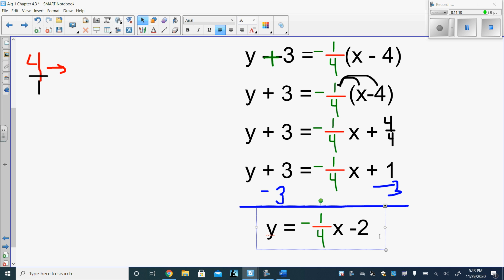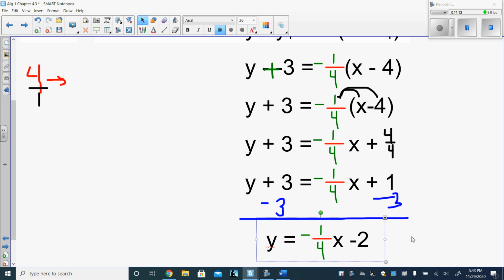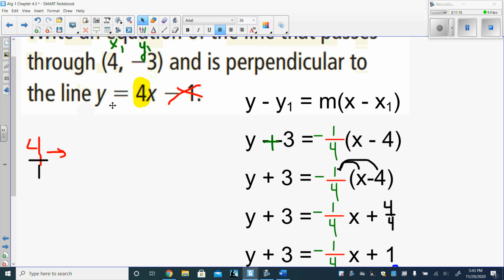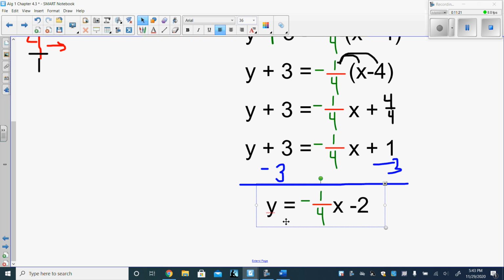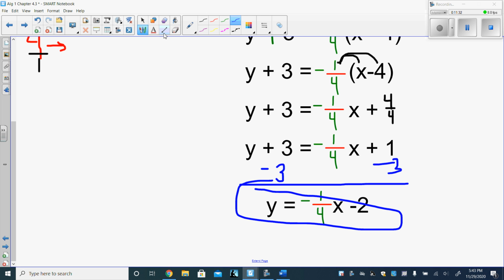So the equation of this line that is perpendicular to the given line, y equals 4x minus 1, and goes through the point 4, negative 3, would be the equation y equals negative 1/4 x minus 2. And that's all we need to do here to find our answer. And we're done with this one here.